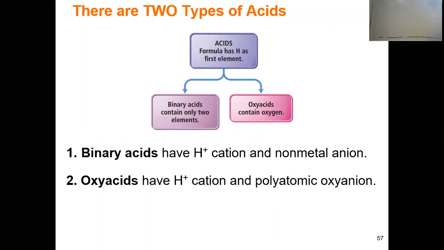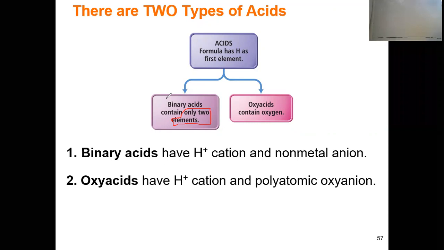And there are 2 types of acids that we are going to name specifically. The first is called a binary acid. The second is called an oxy acid. Notice this part here. A binary acid only contains 2 elements in it. Binary means 2. So a binary acid will have 2 elements in it.